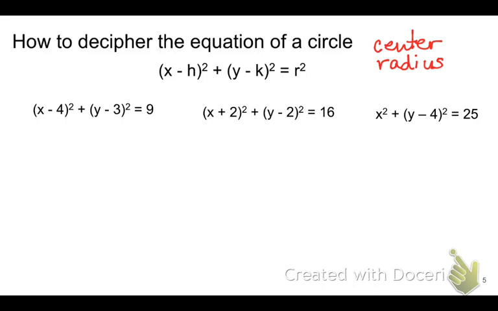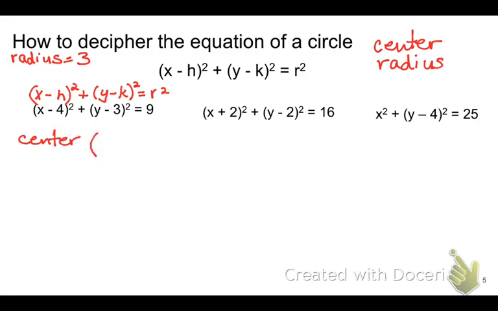Let's look at this first equation: x minus h squared plus y minus k squared equals r squared. Right off the bat, easy peasy, if r squared is equal to 9, r is equal to 3. So the radius is equal to 3. Now let's look at our center.